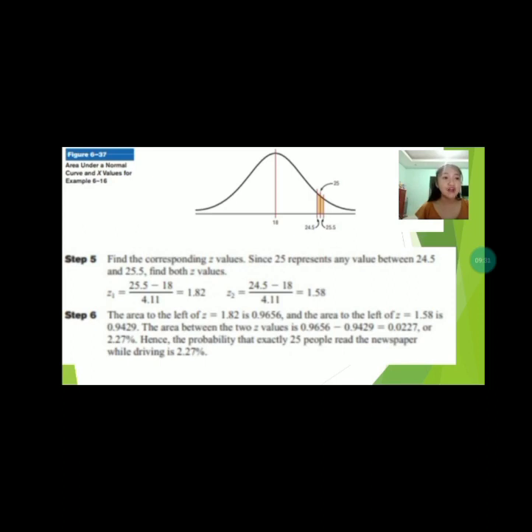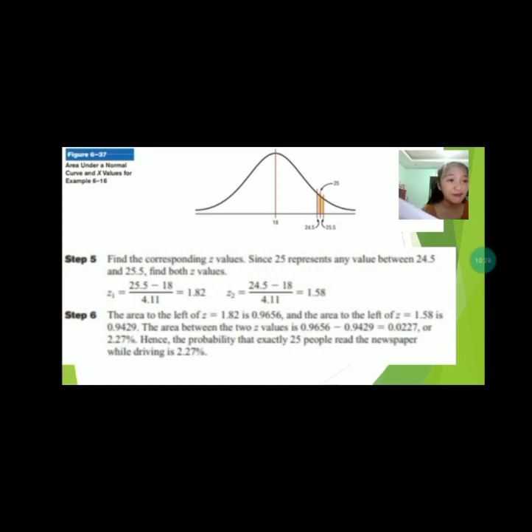So in step 6, the area to the left of z equals 1.82 is 0.9656. To get this, we use the z values calculator to get the cumulative probability.